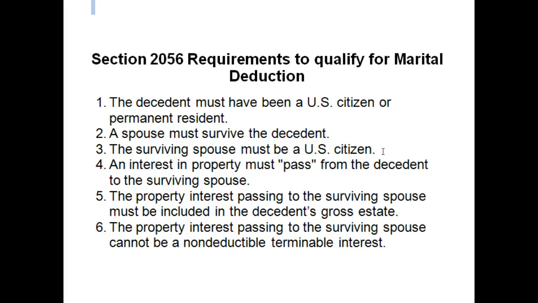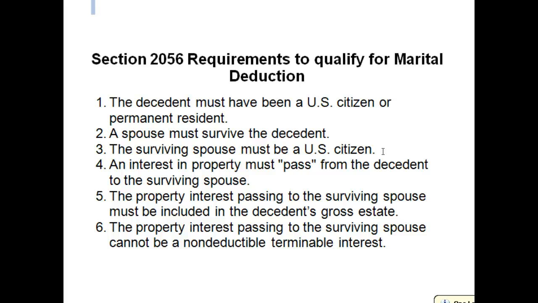However, Section 2056A provides for a deduction for non-citizen spouses if the requirements for a qualified domestic trust are met, and that's called a QDOT. When the conditions are met, the property included in the qualified domestic trust will be subject to estate tax.